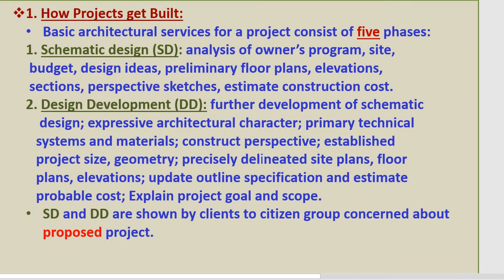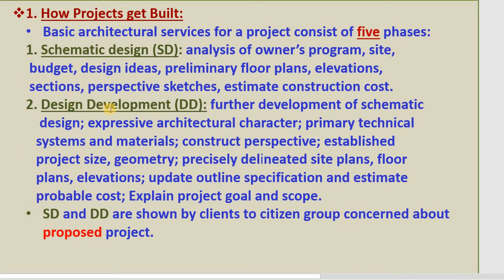So basically, how does a project get built from start to finish? It usually has 5 stages, or some people call them 5 phases. The first one is schematic design, SD. You analyze the program, decide the budget, develop the idea design, preliminary floor plans, some elevations and sections, and perspectives, but not much.